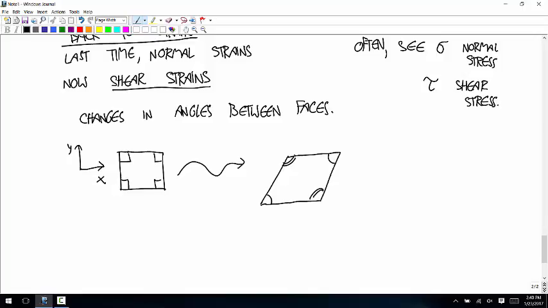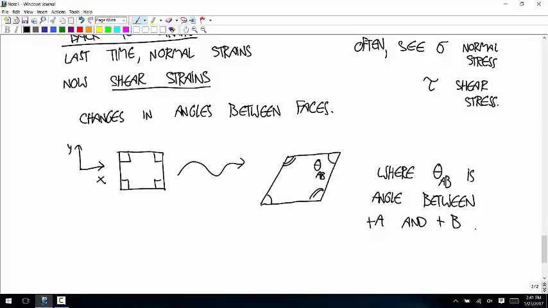And so we're going to call this angle theta AB, where theta AB is the angle between the plus A and plus B faces.